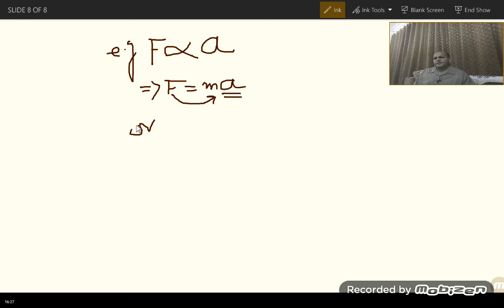If we solve like this, that A is equal to F divided by m, then we actually made A the subject of the domain, and A depends upon F now. So what? F is now independent and A is the dependent variable. So whenever a quantity is the subject of the domain, then it is called the independent variable, and the variable which depends upon it is called the dependent variable.